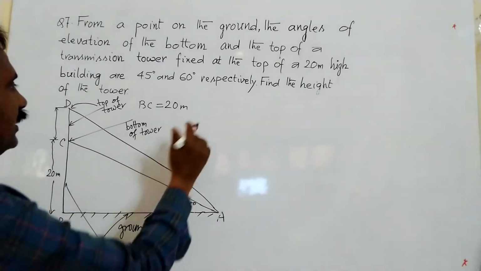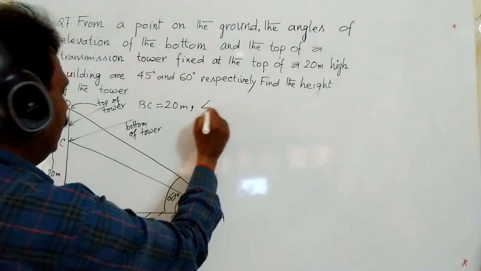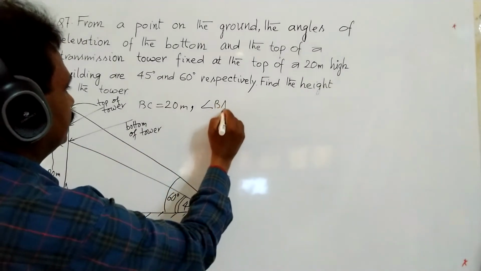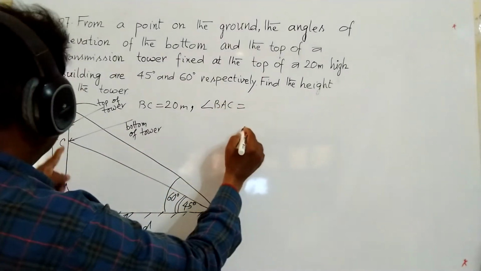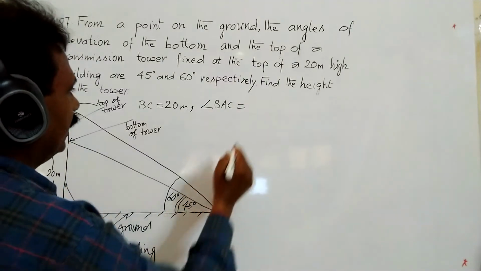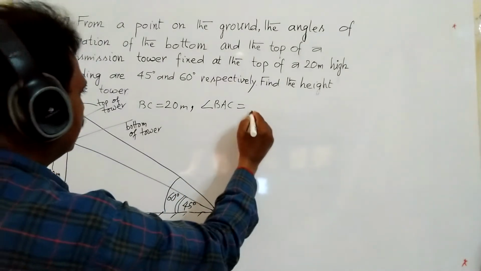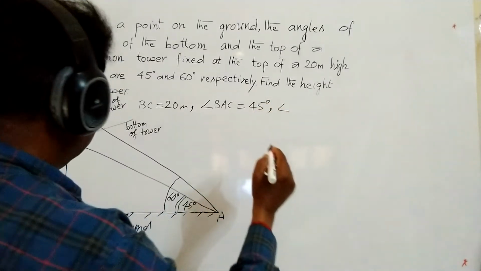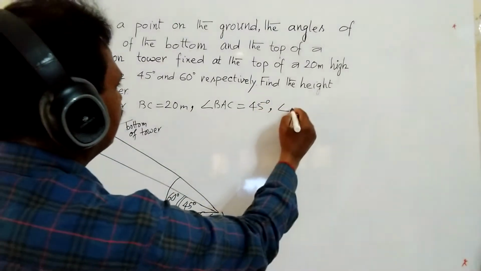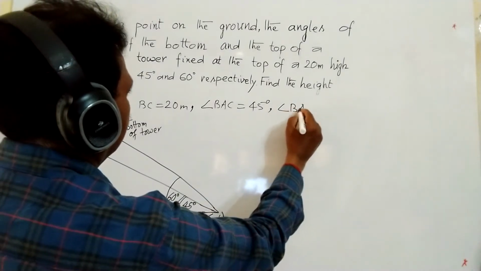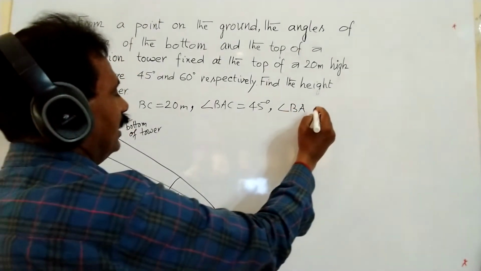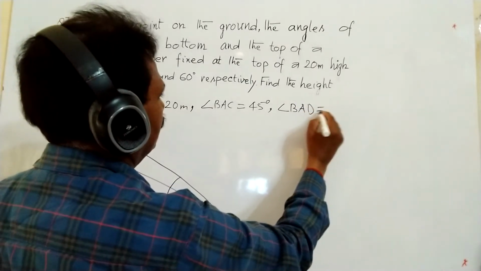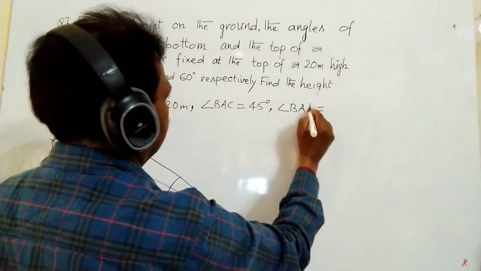Okay. Then here angle BAC is equal to what? The angle of elevation of the bottom of the tower, that is 45, and angle BAD, the angle of elevation of the top of the tower, is 60 degrees.